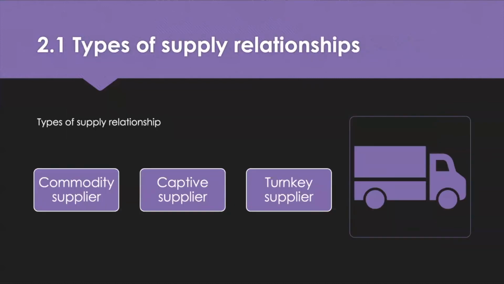Sturgeon and Lee identified three types of supply relationships based on the degree of standardization of products and process. A commodity supplier provides standard products through arm's length relationships. A captive supplier makes non-standard products using machinery dedicated to the buyer's needs.